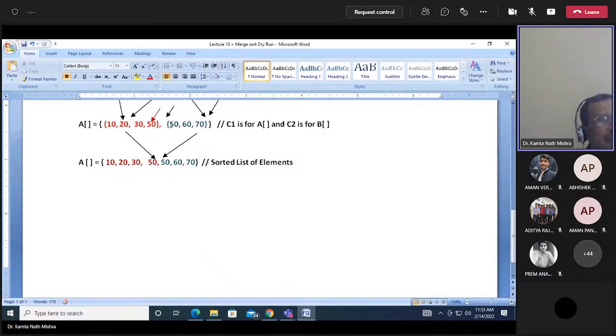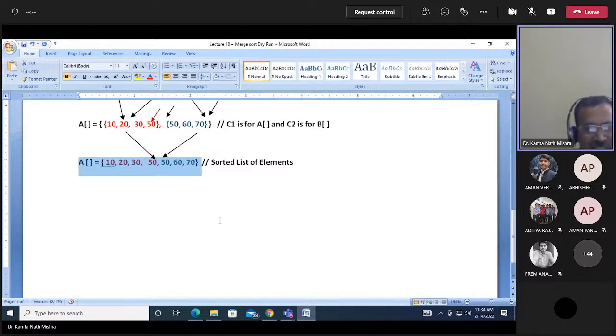Now, whose elements are still left? B1, B2. B0 is stored? No. So it means that all the elements of array B are still left. So you copy them, start from B0 and go up to B2. B0 copy, B1 copy, B2 copy. And after copying them together, now this is your list.